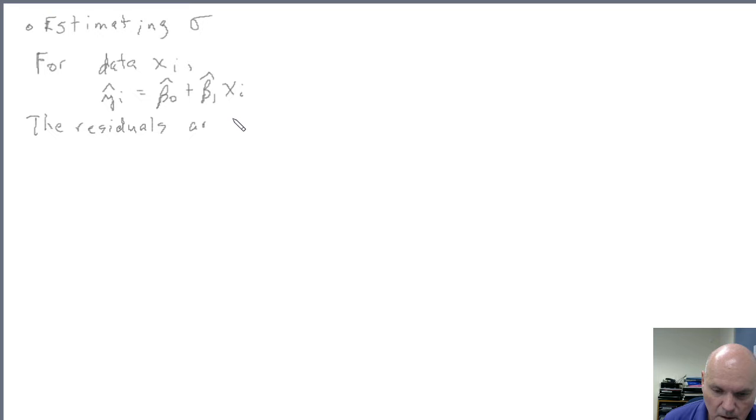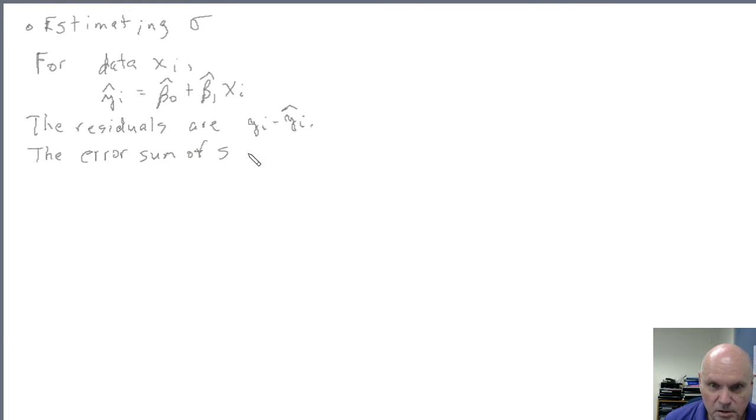are defined as being the difference between our actual yi values and our predicted values. This is actually the negative of the error terms that we defined previously, and corresponding to the residuals, we define what's known as the error sum of squares.